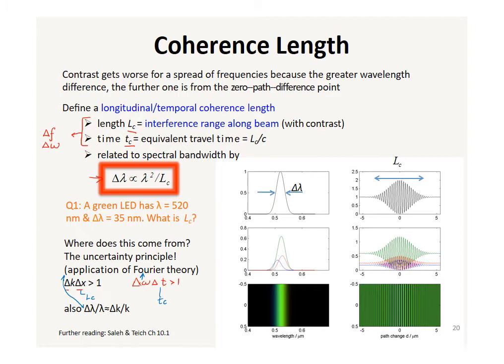So on the right hand side, I've illustrated a wave train which has a coherence length of LC indicated here. And you can see that that finite coherence length has resulted in a finite bandwidth, delta lambda, in the spectrum.